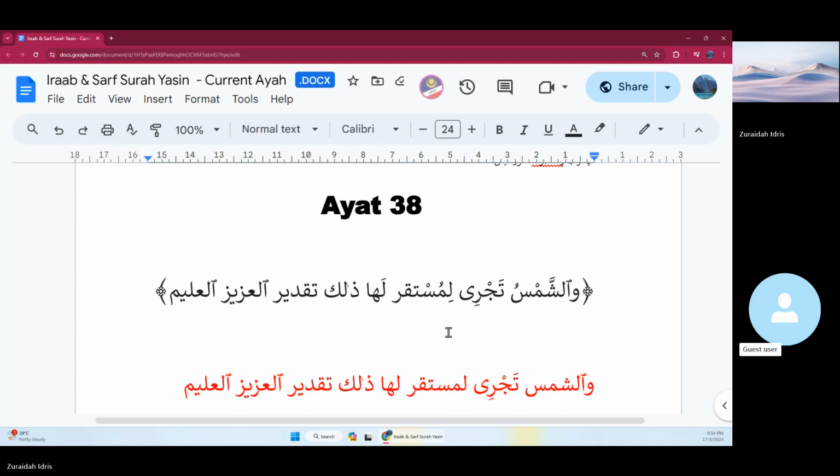This is istaqar. So it's one of the mazid fi. You're sure it's mazid fi because the root letter is more than 3.